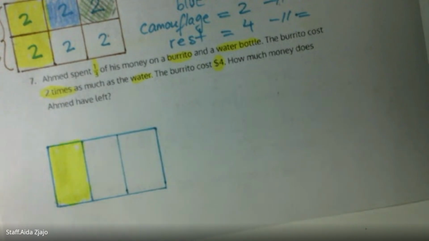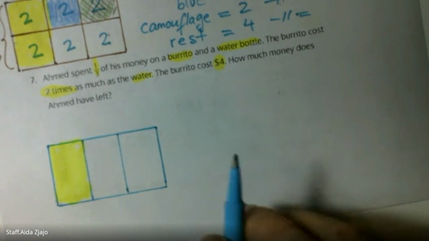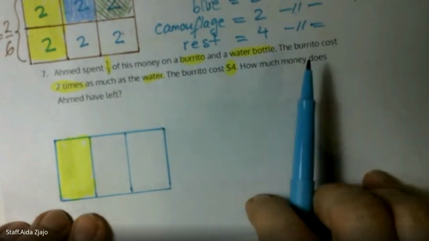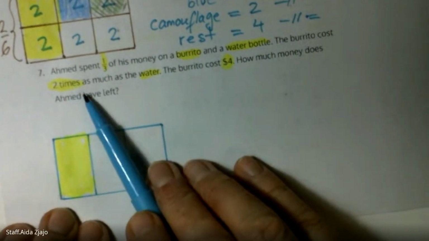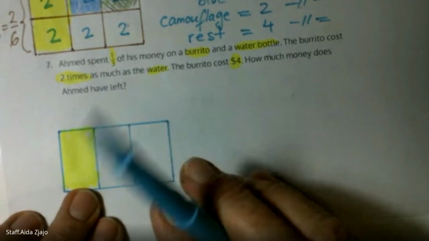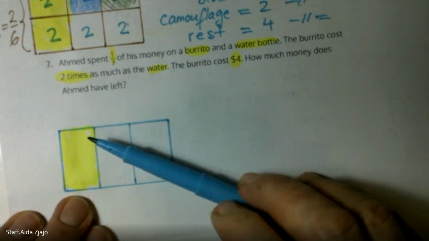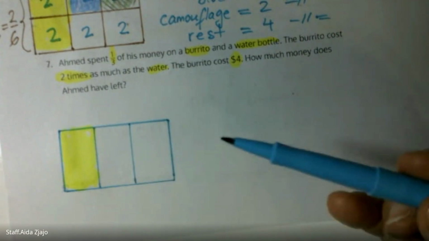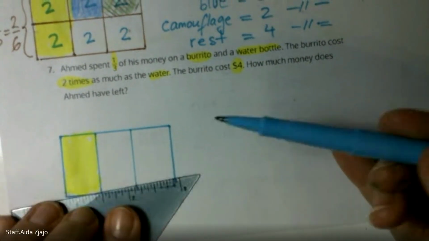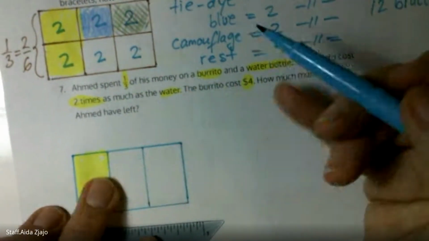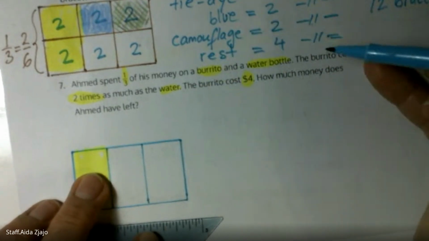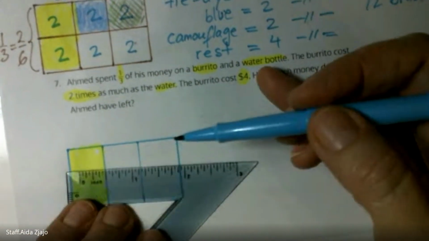That's 1/3. But they say the burrito costs 2 times as much as the water. So that means that 2 parts of this cost as the burrito and 1 part is the water.